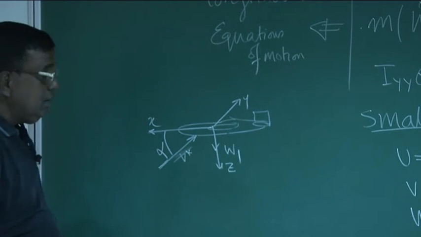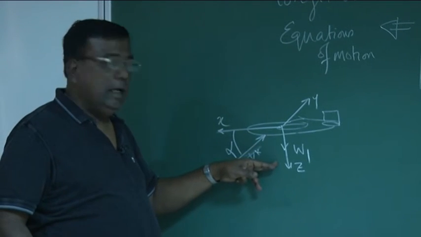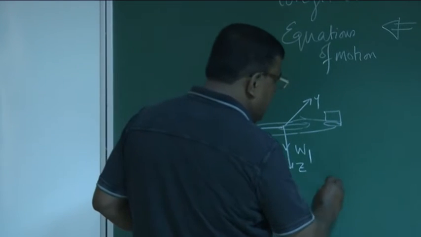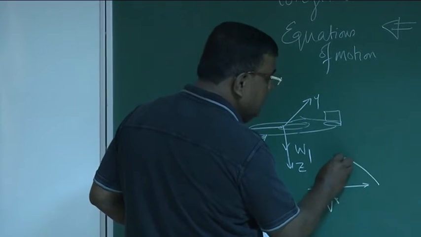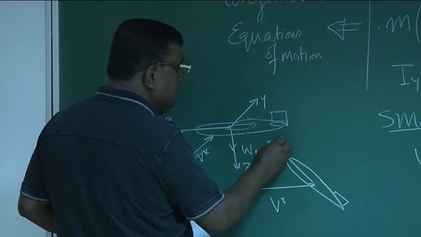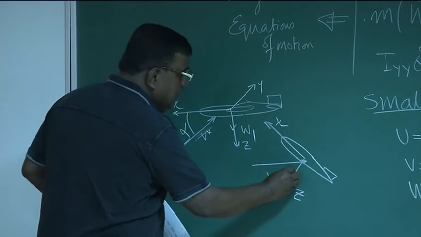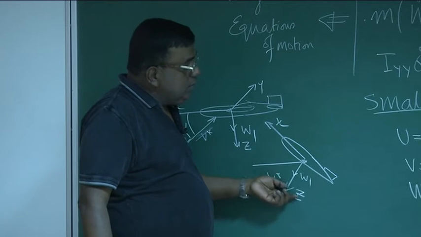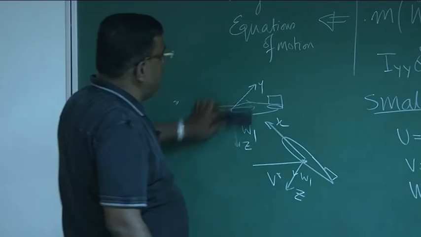Or again, if this is the velocity V star, and if this is the airplane, I am just exaggerating for understanding, this is the x-axis and this is the z-axis. So W1 is the component of V star, total velocity, along the z direction at steady state. Clear? So this should be very, very clear in your mind.